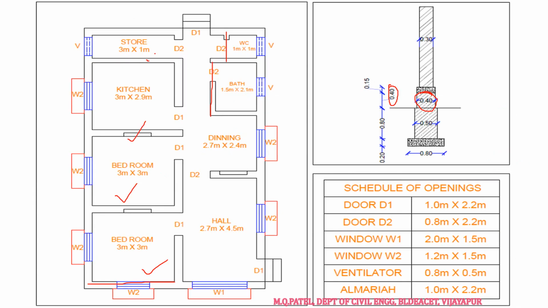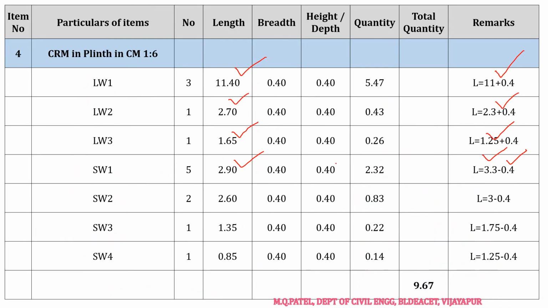So these are five numbers. I hope you are getting the idea of what we are doing. If you change this data you'll get these values, and if you do further calculation, you'll get the answer as 9.67 cubic meters. I hope it is clear.